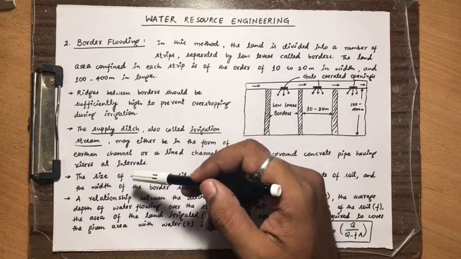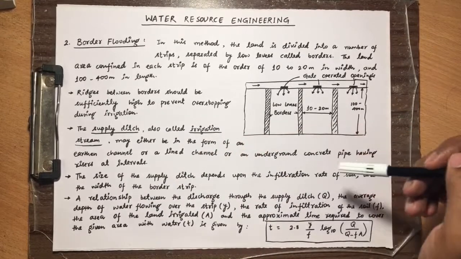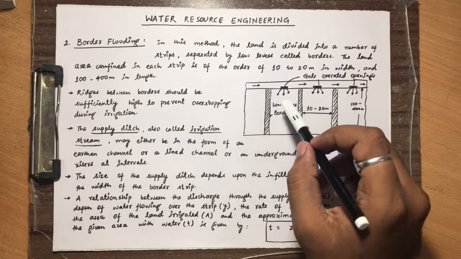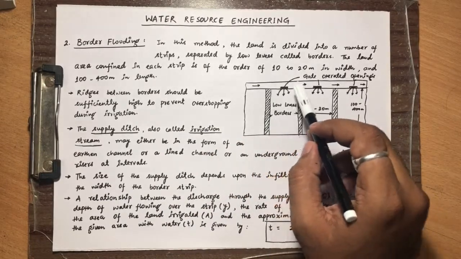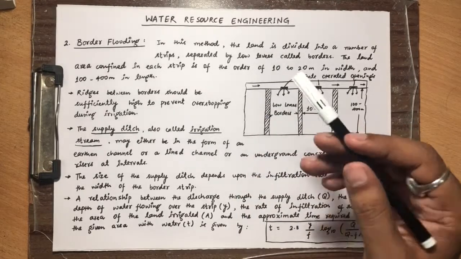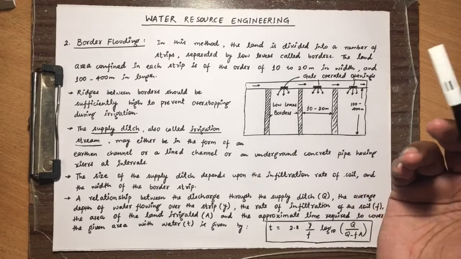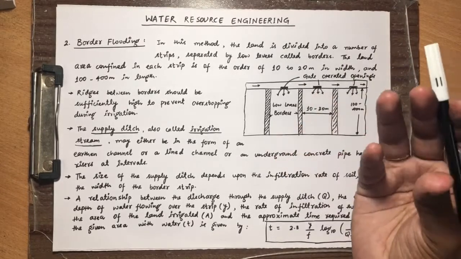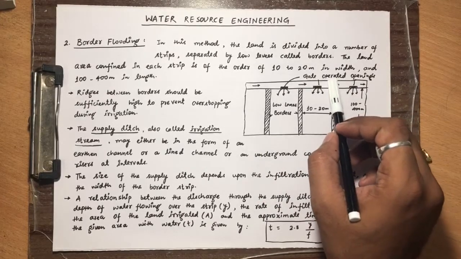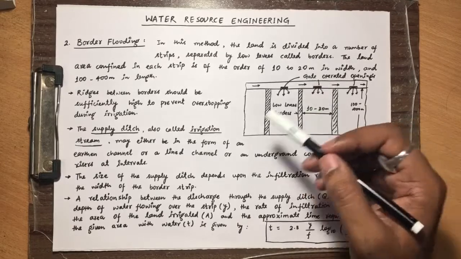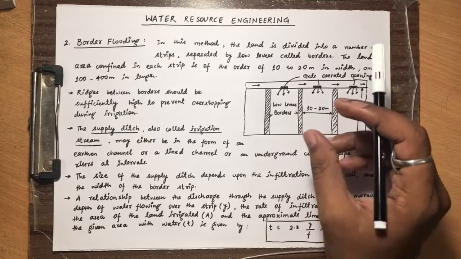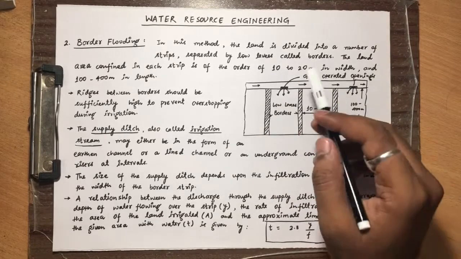The size of the supply ditch depends upon the infiltration rate of soil and the width of the border strip. How? If the soil has a high infiltration rate, then we need a wider and deeper water supply, and if infiltration is not that high, we will require a narrow and shallow one.